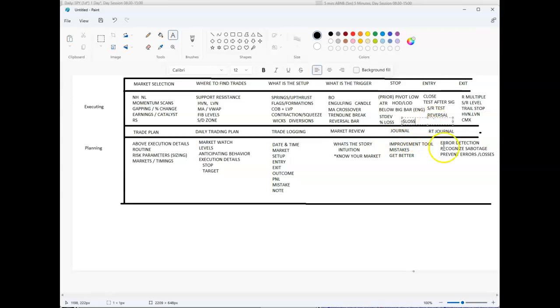Right? So they say, I cannot lose this much on any particular trade. If I do, I'm out. Or I cannot lose more than 1%.